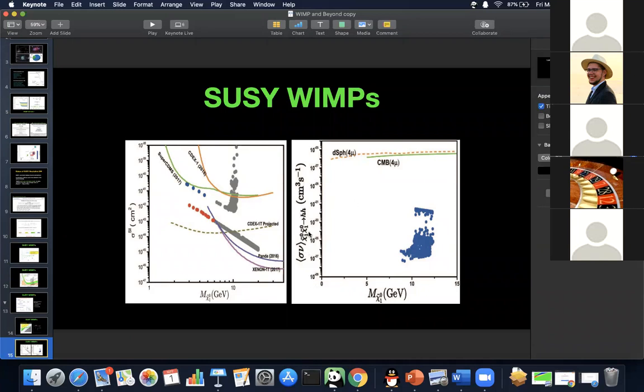This is the result for the indirect detections, but we can see it is far below the Fermi-LAT or the dwarf constraints. So we expect such a light dark matter scenario in the MSSM will be quickly covered by the direct detections.